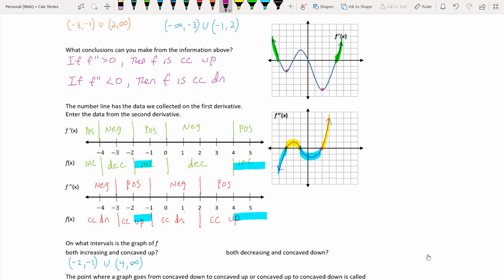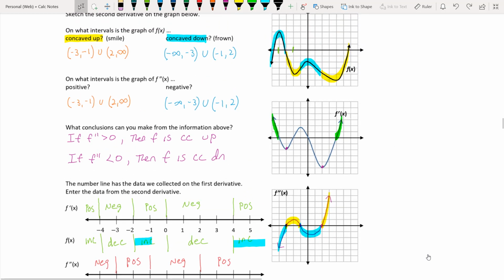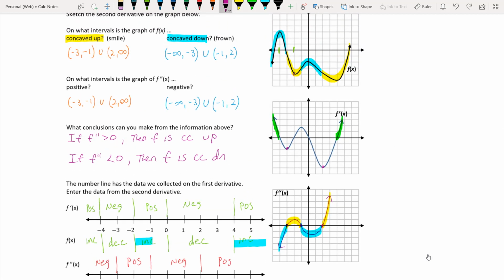Oops, wrong graph. I knew something looked funny there. Okay, negative 2 to negative 1. Here we go. That looks better. I'm increasing, and I'm concave up right there. And the point where I stop being concave up at x equals negative 1, that is a point of inflection.